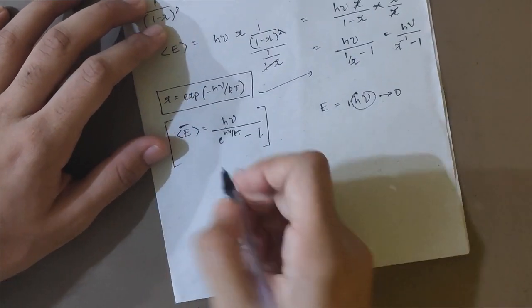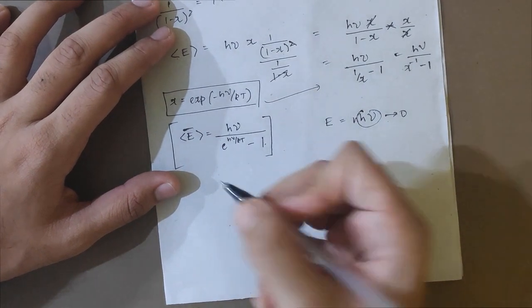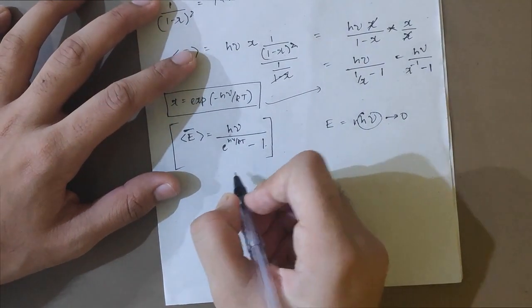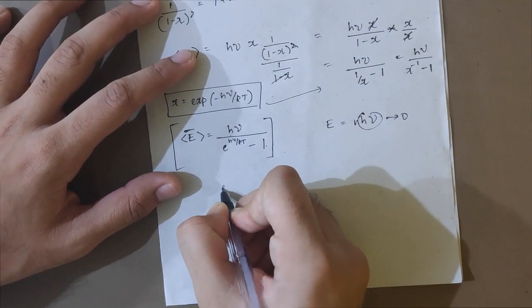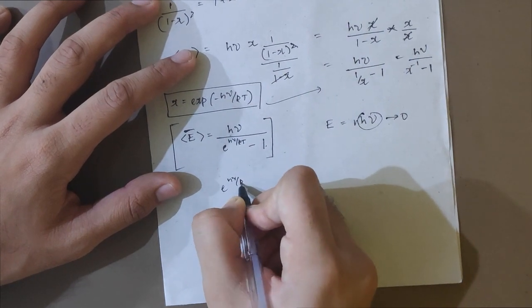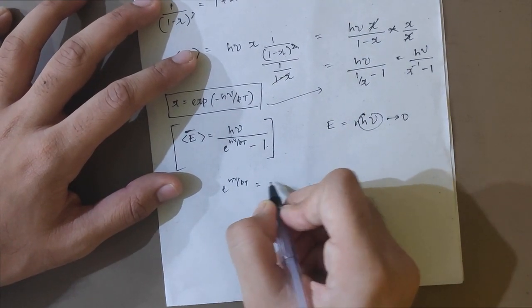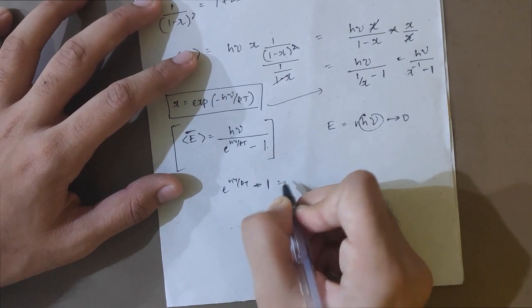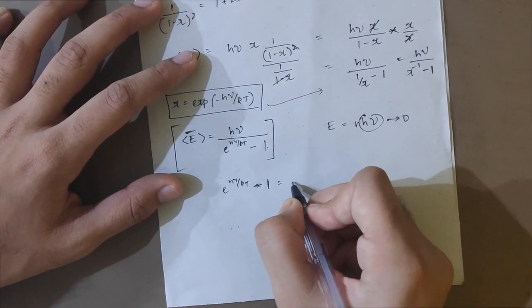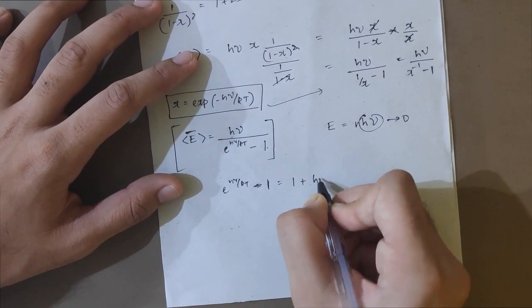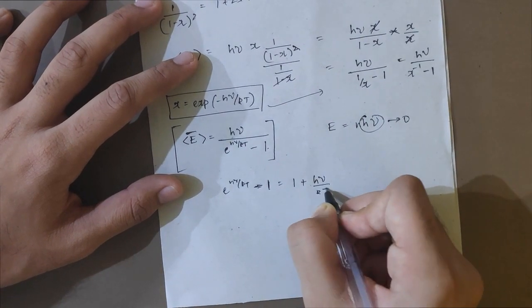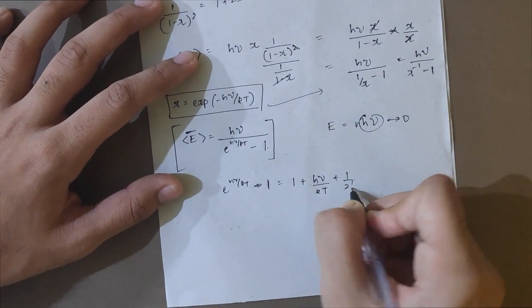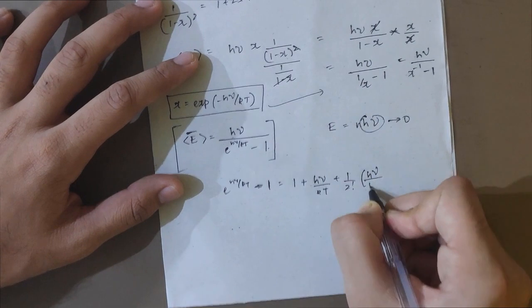So we expand the denominator for small values of h mu by kT, right? So you have e to the power of h mu by kT minus 1. The expansion of e to the power x will be 1 plus x plus x squared by 2 factorial and so on. I'll just write the first two terms.